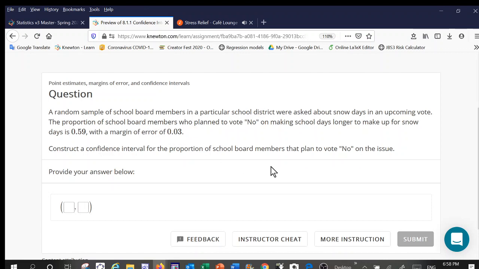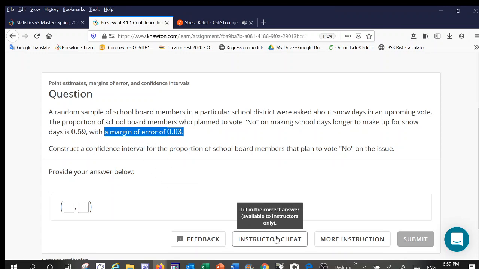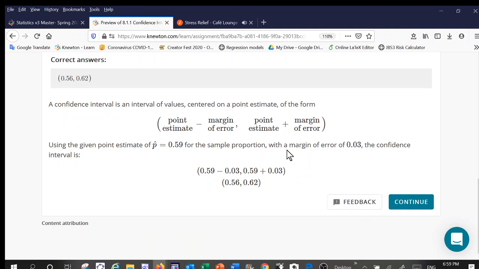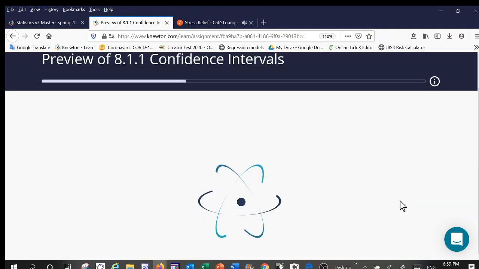Now, we don't have to know the proportion section in this chapter yet, because we don't know how to find the error for proportion yet. We're going to learn that. But here we don't have to, because we are given the margin of error. So all we have to do is just add and subtract and we get the numbers. This is about proportion, but margin of error is given. So we just add it and subtract the margin of error and we get the answer.